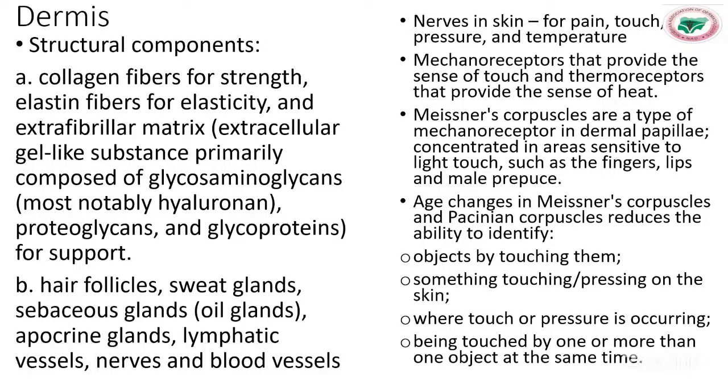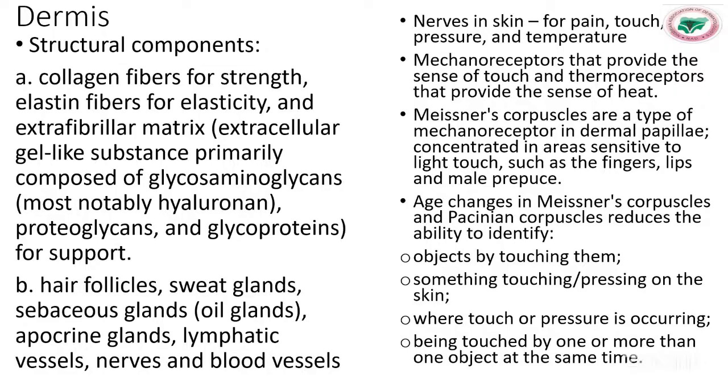I'll give an example of the Meissner corpuscles. The Meissner corpuscles are a type of mechanoreceptor that are in the dermal papilla. I said earlier that dermal papillae contain blood vessels and nerves. It is sensitive to light touch and is more in the fingertips, the soles, and the male prepuce. Age changes in Meissner corpuscles and the Pacinian corpuscles will result in people not identifying objects when they touch them.